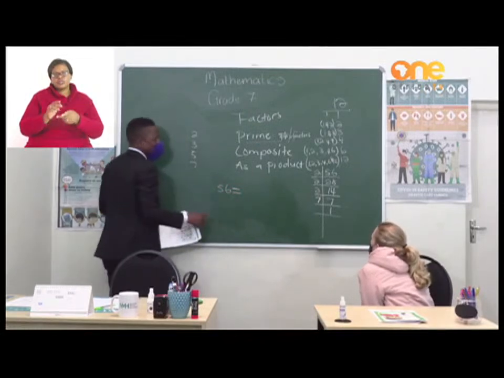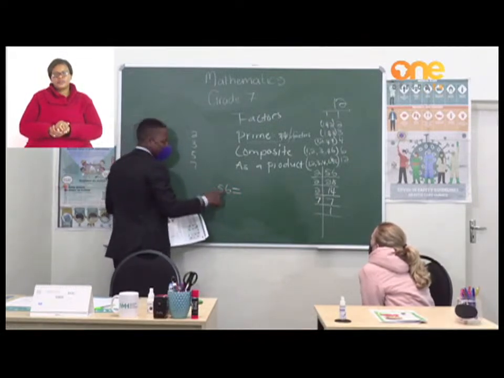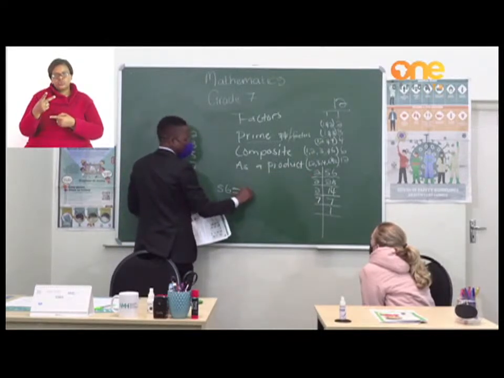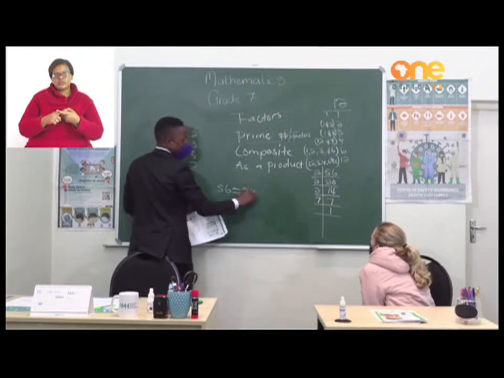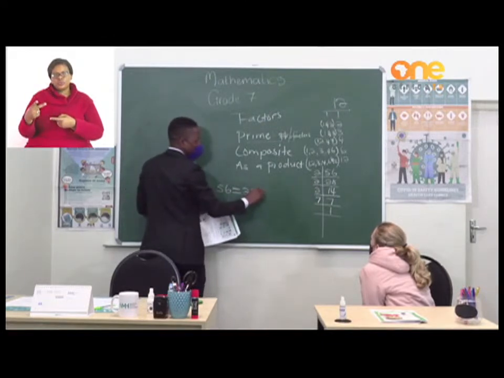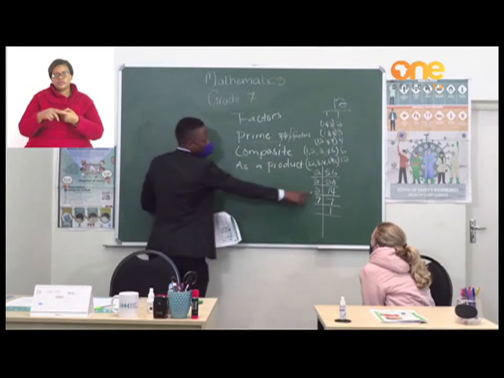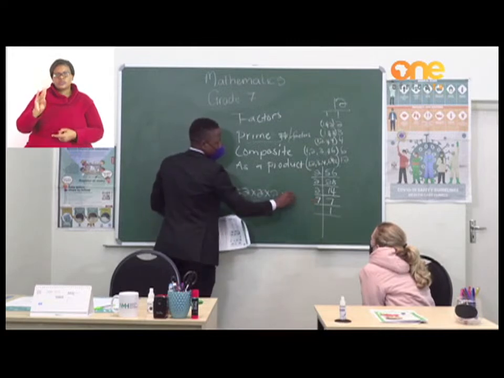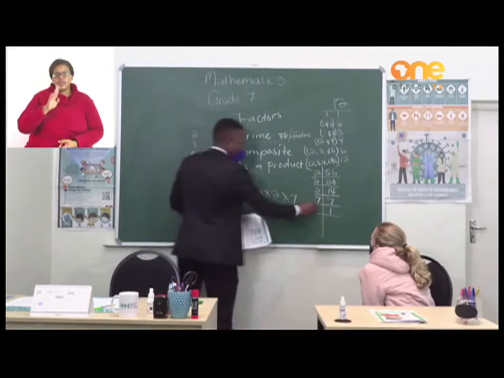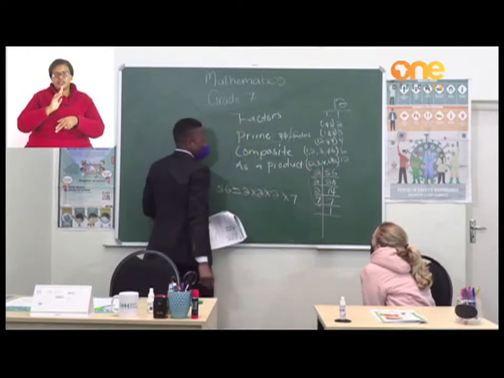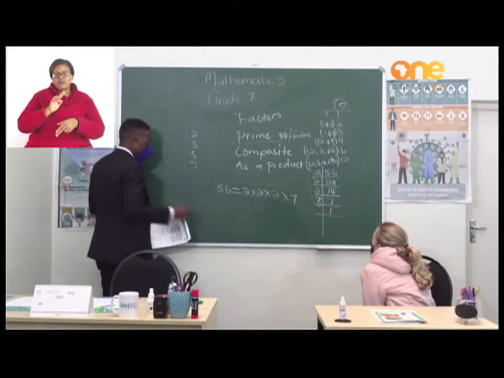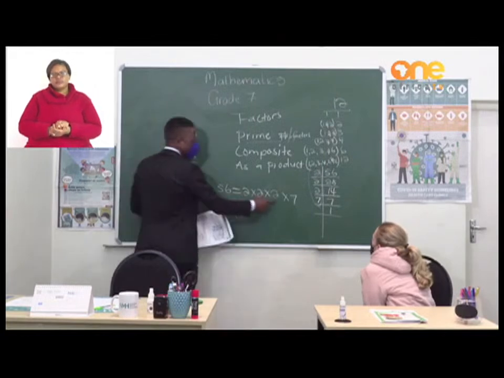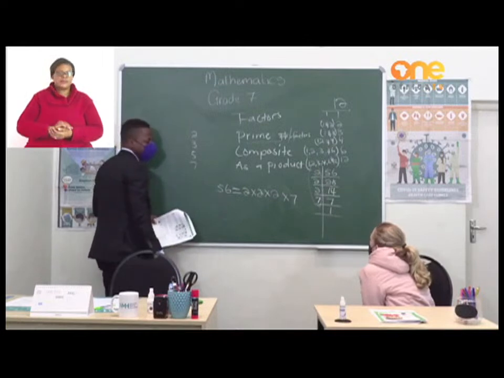In that manner, you write 56 equals, you take the first 2 times the second one, 2 times the third one, 2 times 7. I've used what is on that side. So if you multiply 2 times 2 times 2 times 7, you get 56.